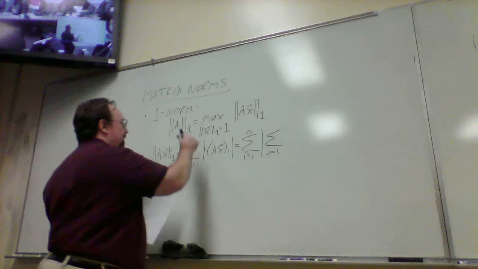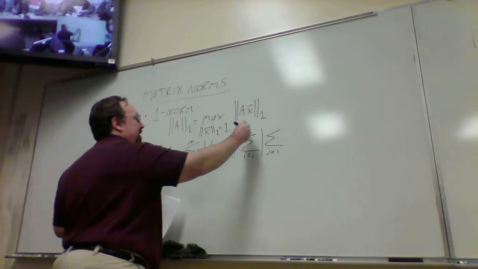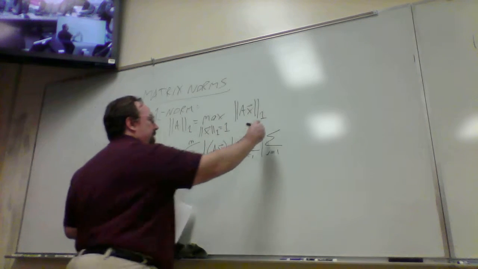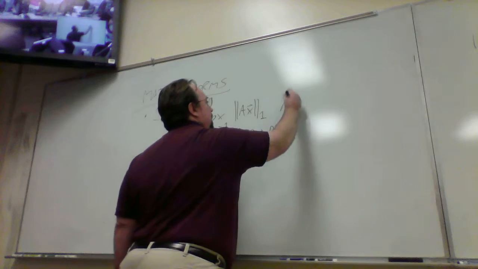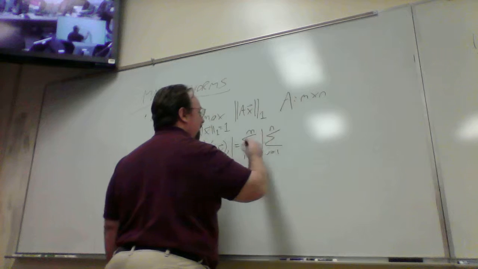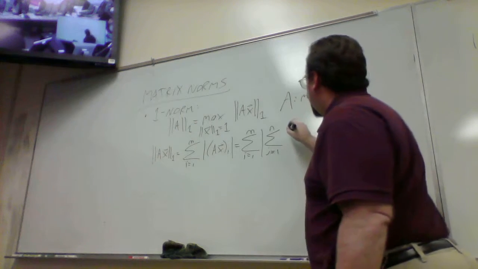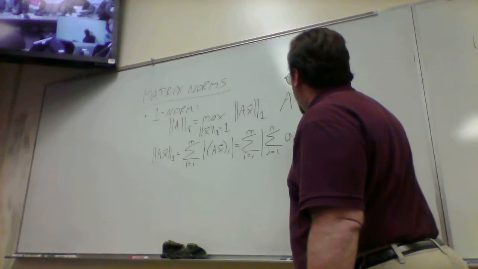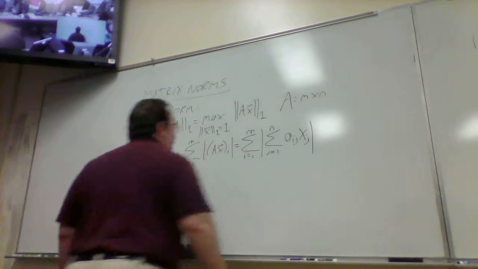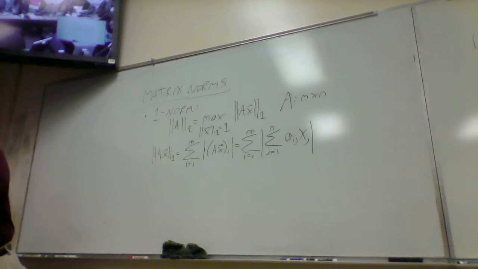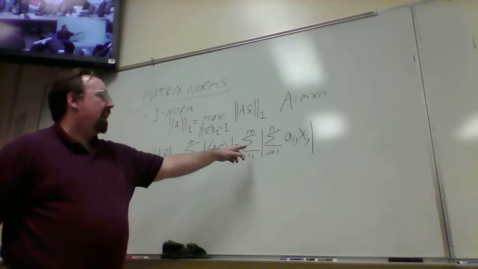Okay, actually, sorry, A is m by n, so these outer sums need to go up to m. The inner sum goes up to n. So, all right, so if I'm using a definition of the matrix vector product, I get Aij xj.